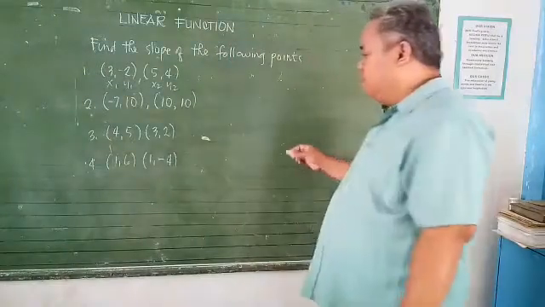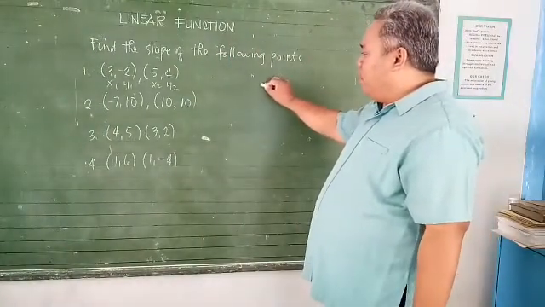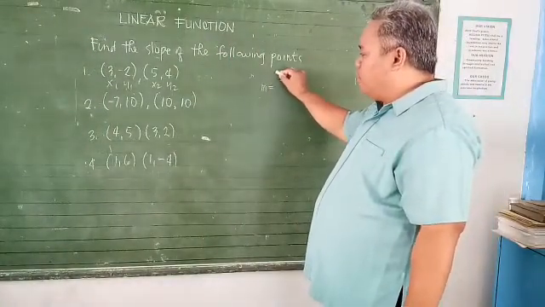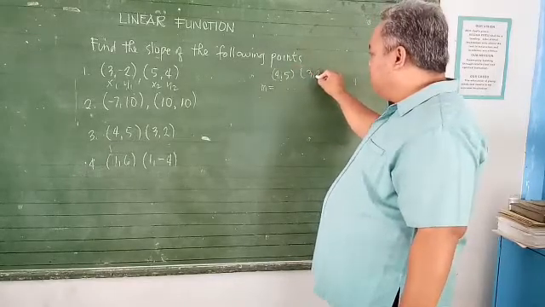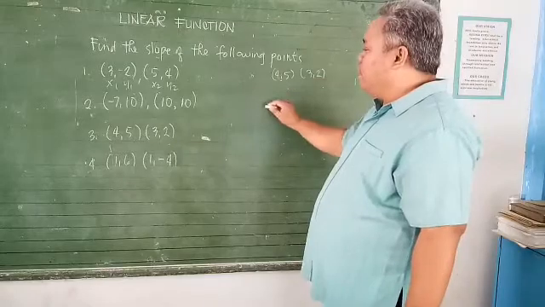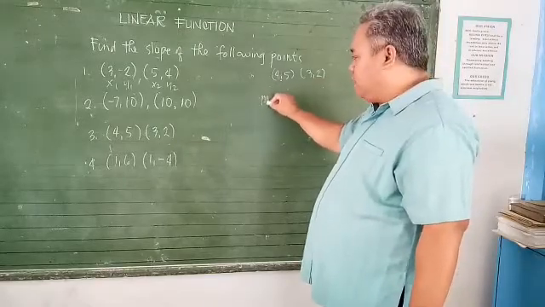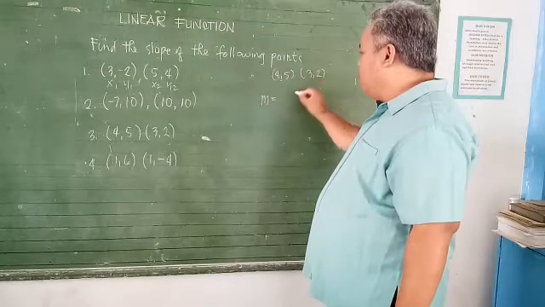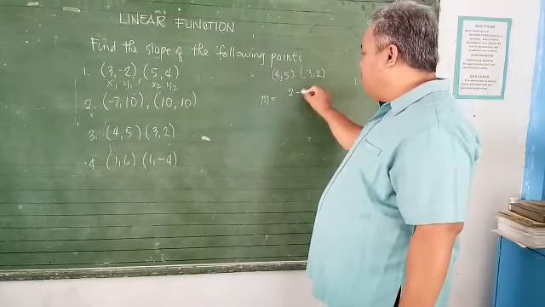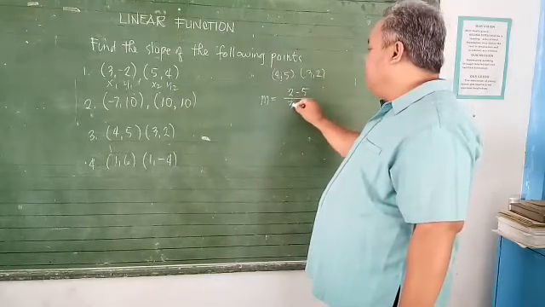Okay, now, for number 3, we have m is equal to, the points are 4, 5, and 3, 2. So what will be the slope of these 2 points? m is equal to y sub 2 is 2 minus 5, all over 3 minus 4.